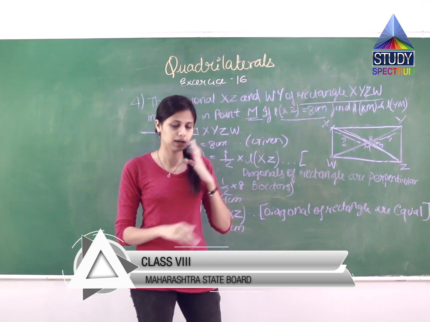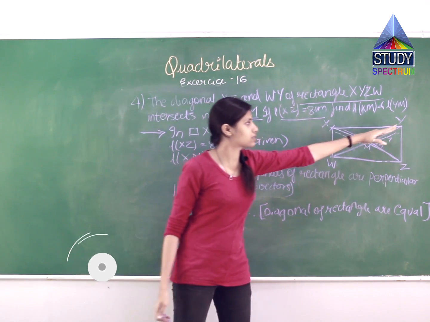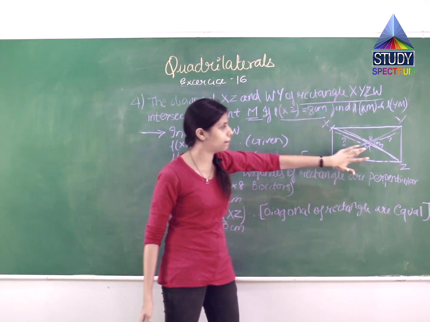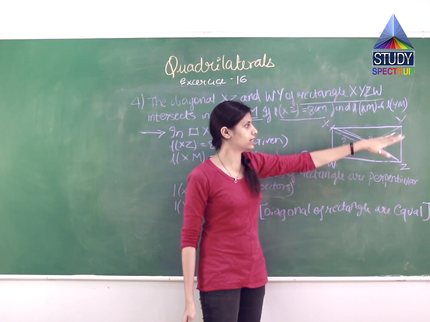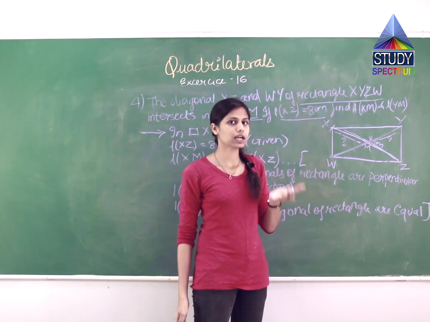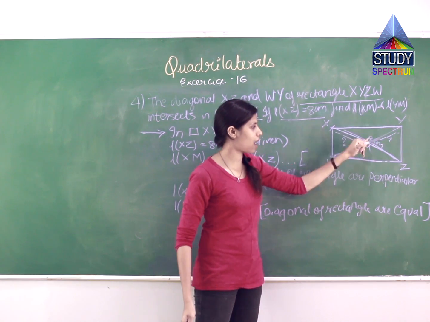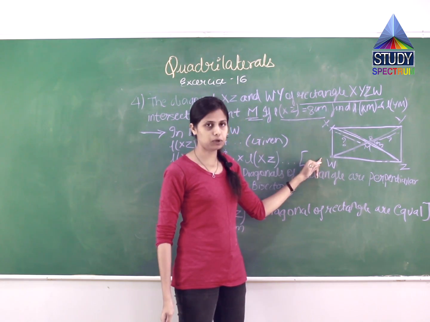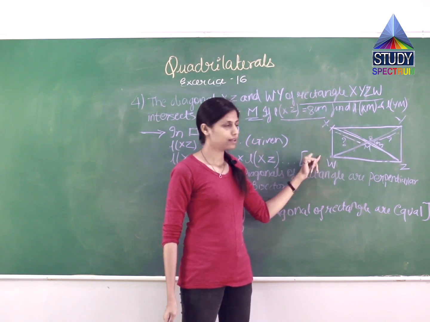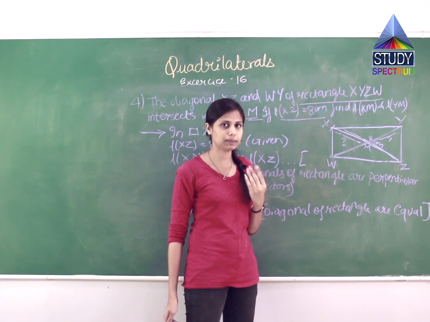Bisector means divide from the middle. So if this is 8 centimeter, M is dividing it into half, then how much will the half part be? It will be half of 8 only, because YM is the half part of YW. If YW is 8, then YM should be 4 centimeter.